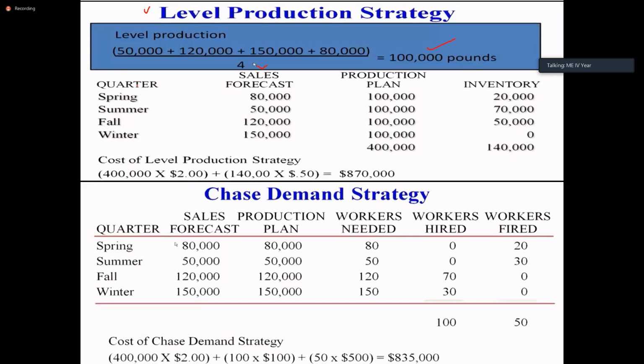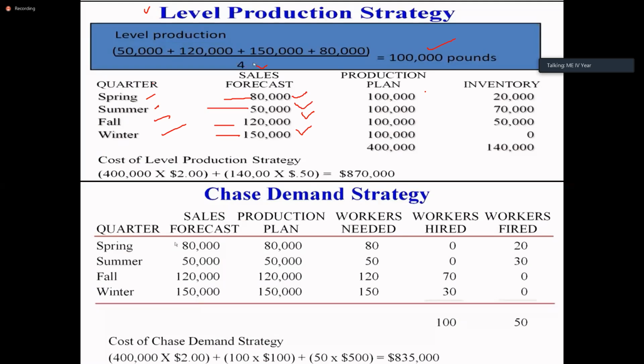So in the table you write the quarters, the different time periods, and the quarterly-wise demand or forecasted data: 80,000 first quarter, second quarter 50,000, third quarter 1,20,000, fourth quarter 1,50,000. These are the 4 quarters of data we have.